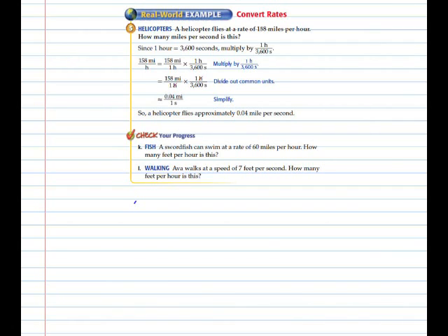Example K, a swordfish can swim at 60 miles per hour. So it's 60 miles, 1 hour. How many feet per hour is this? Well, 5,280 feet is 1 mile. Divide out the common units.